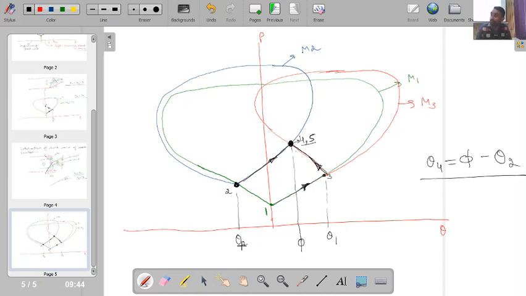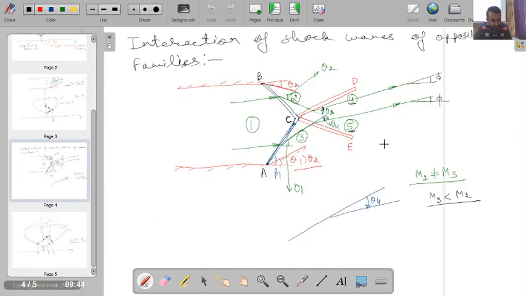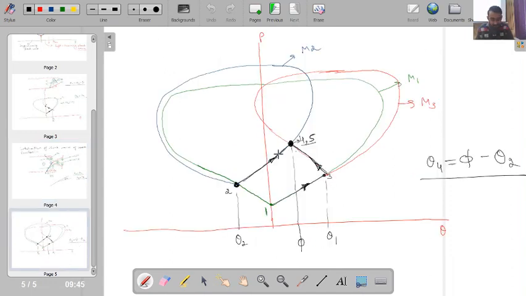theta 2, and from this point I had to travel a distance of theta 3, yes, in positive direction, this was actually theta 3, sorry.